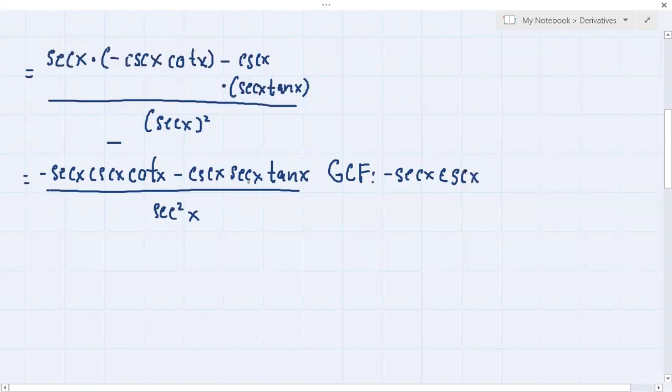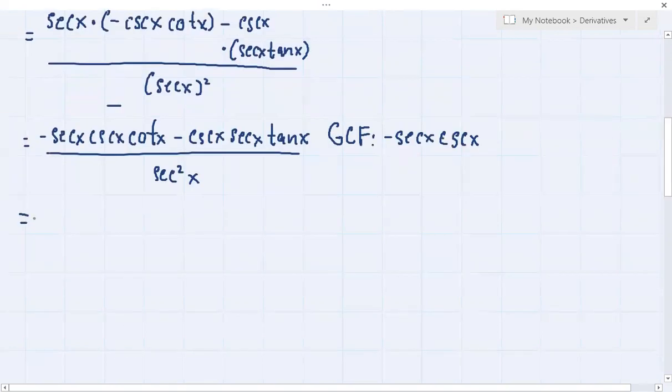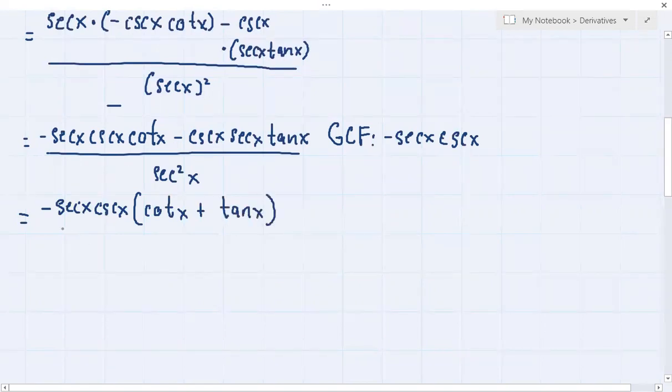So we can factor out. So magiging negative secant x times cosecant x times quantity cotangent x plus tangent x. Ganito magiging resulta niya. Ayan. All over the square of secant, or secant squared x.